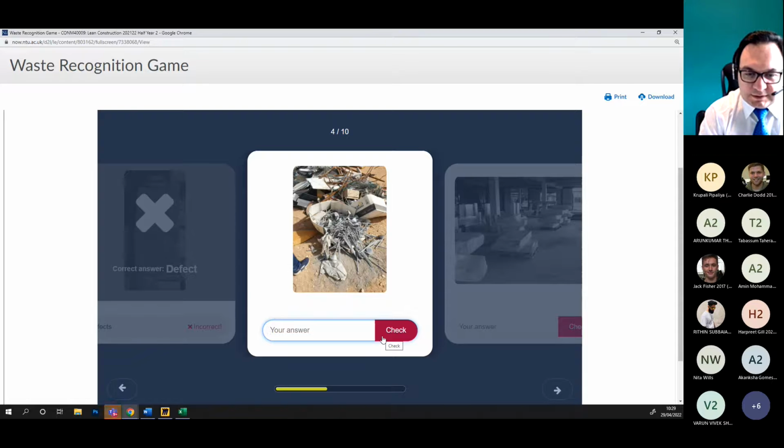Inventory again. What else? Okay, so why overprocessing, Aaron?